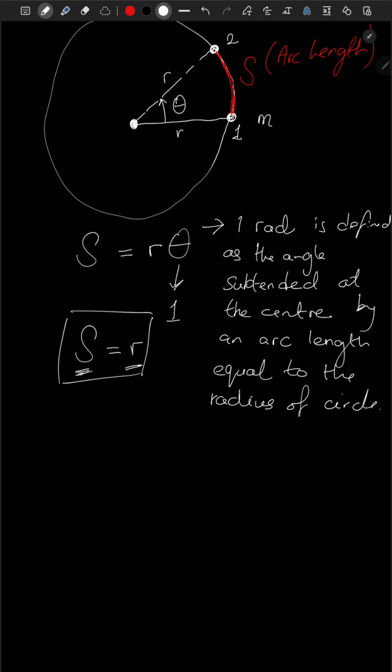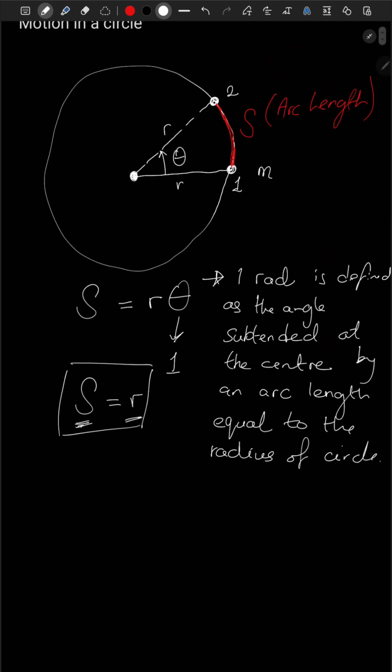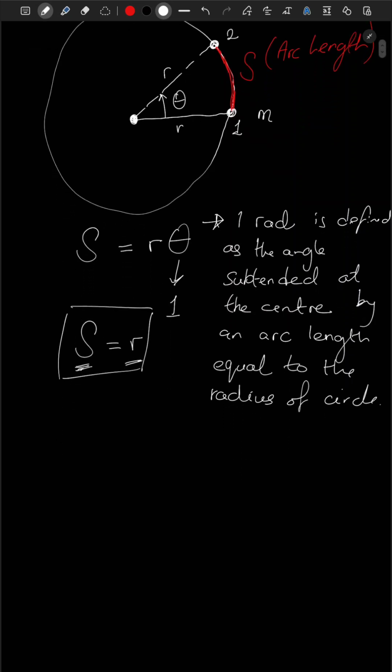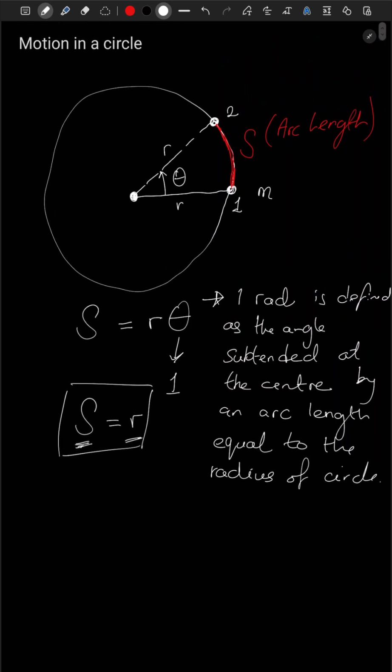So this is a definition for 1 radian. If you want to define a radian, you can just define it as the angle subtended at the center by an arc length equal to the radius of the circle itself.